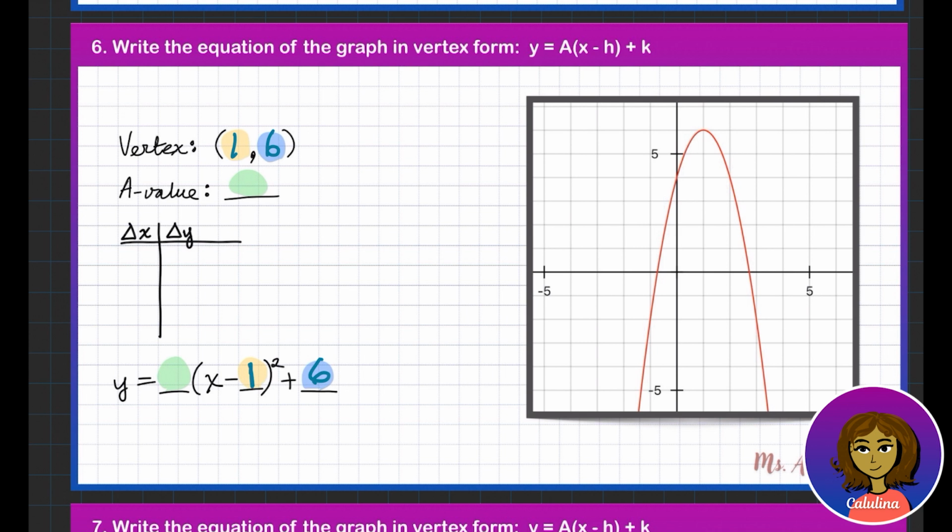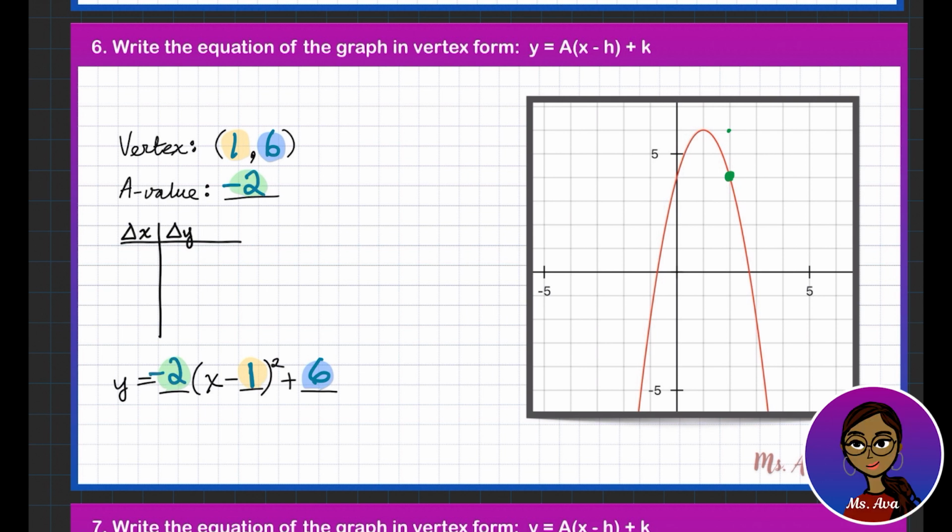You said that if you're going over 1, then you have to look at how far up or down you go. Yes. Okay, so in this case, if we're going down 2, then is that what the A value is? Yes, exactly. What do I put here? A negative 2? That's correct.